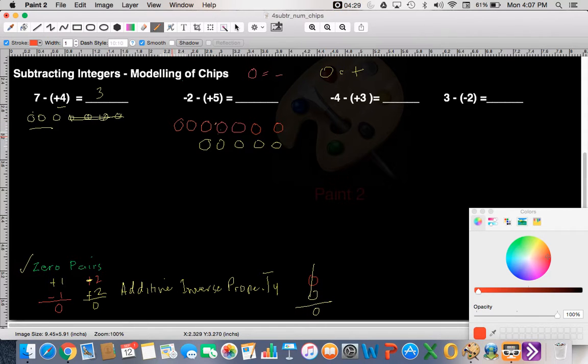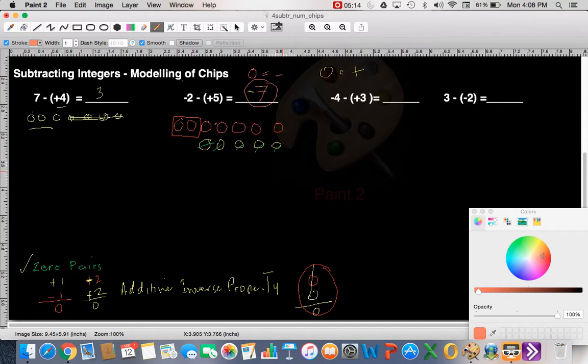Again, we're not changing the value of negative 2 since these are all 0. Remember, these are all 0, so there's no value. Now, if you take away 5 positives, which means taking away these yellow chips, 1, 2, 3, 4, 5, you will end up with 1, 2, 3, 4, 5, 6, 7 red chips, so negative 7. That would be your answer.